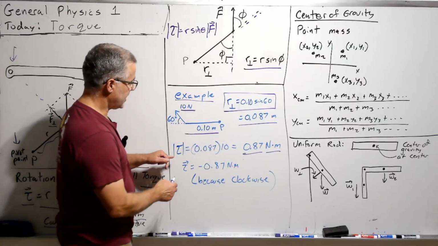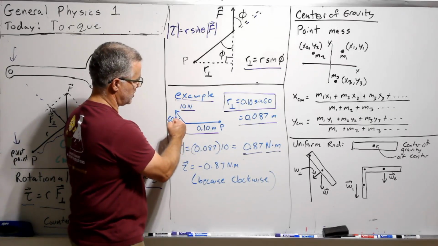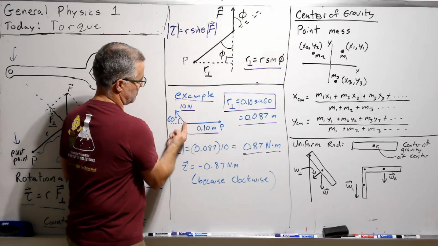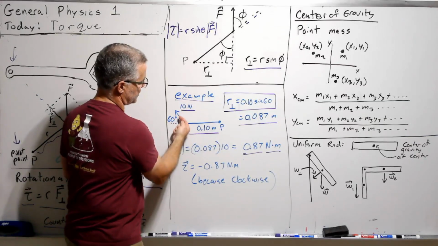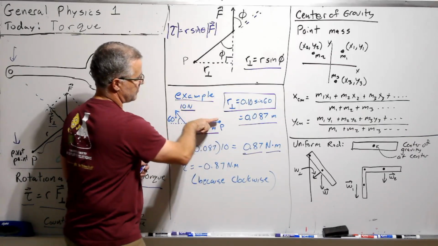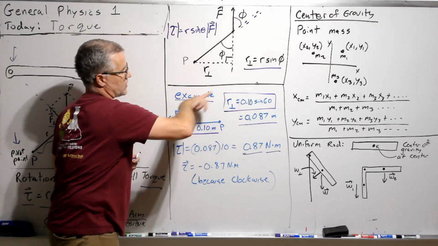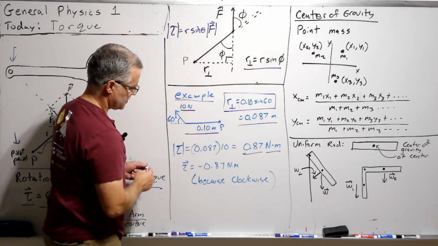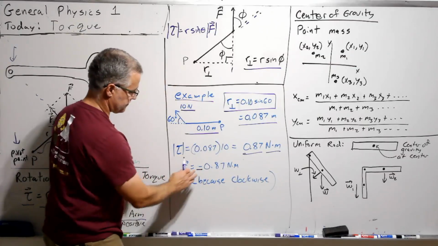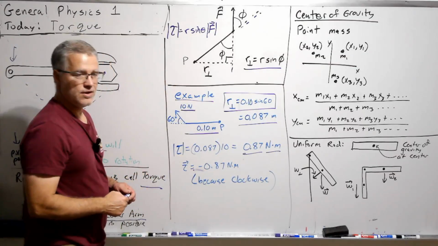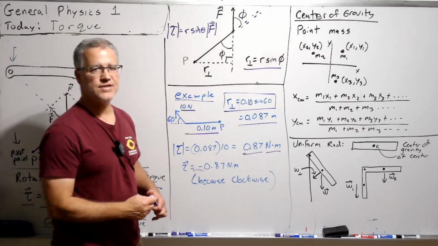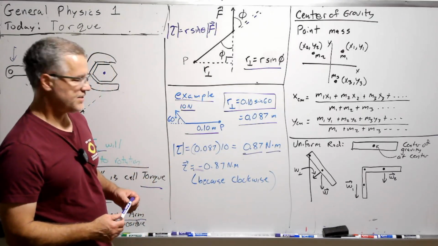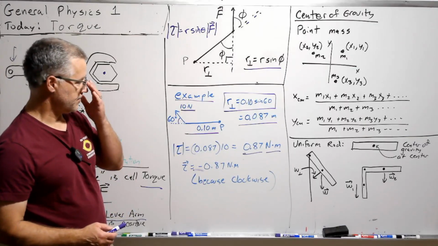And then we have to decide, looking at this picture, this is going to contribute to a rotation about this pivot point in the clockwise direction. So that's going to be negative. And so because it's clockwise, it's a negative 0.87 Newton meters.